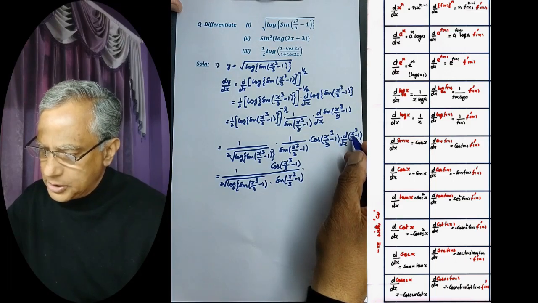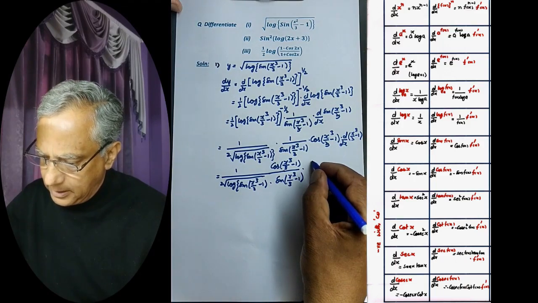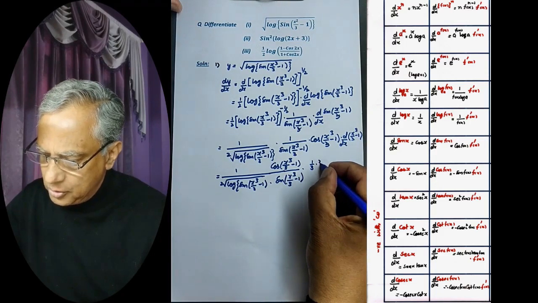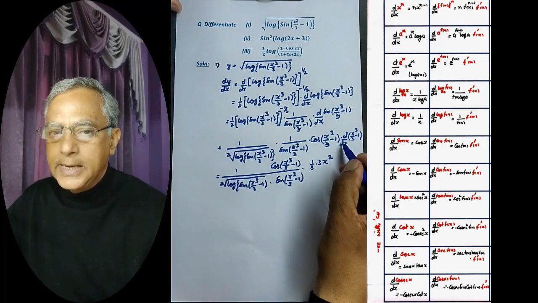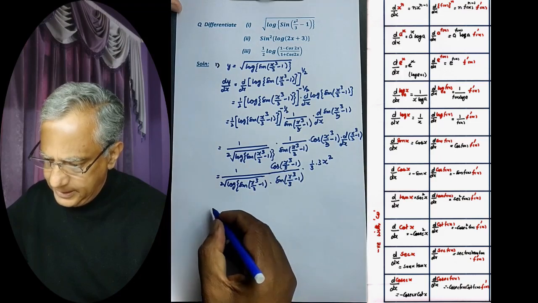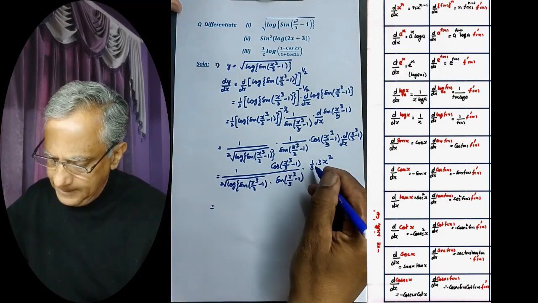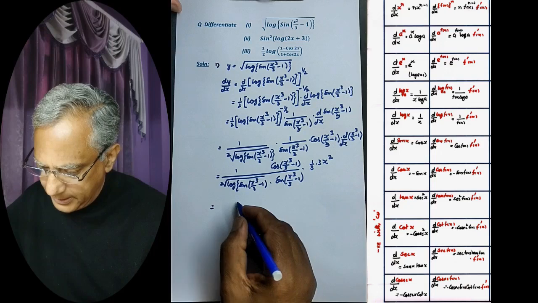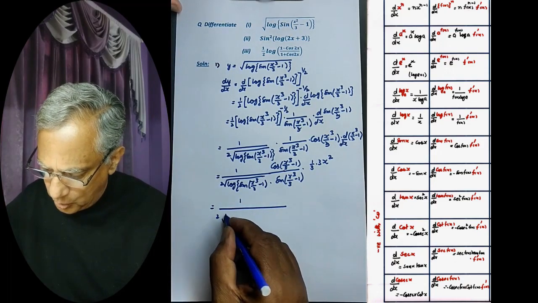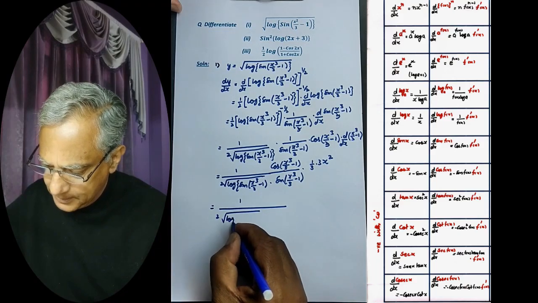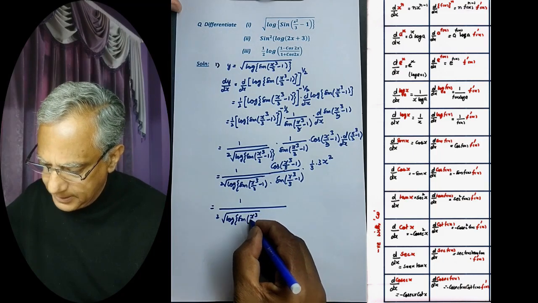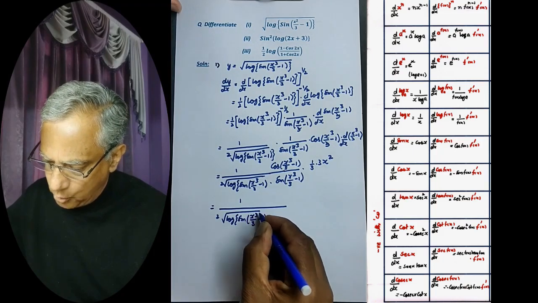Now 1 by 3 is constant. 1 by 3 will be taken out into differentiation of x cube. X cube is 3x square and differentiation of constant is 0. So this is the differentiation. So we can write this as, these two cancel and we are left with 1 by 2 under the root log of sine (x cube by 3 minus 1) into.